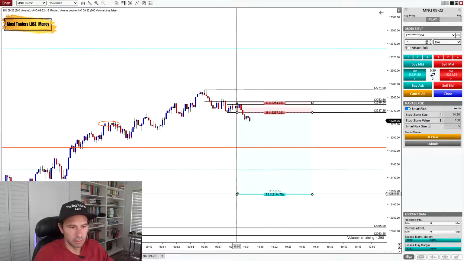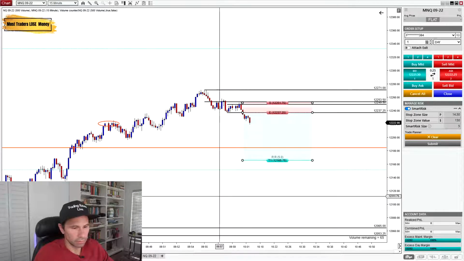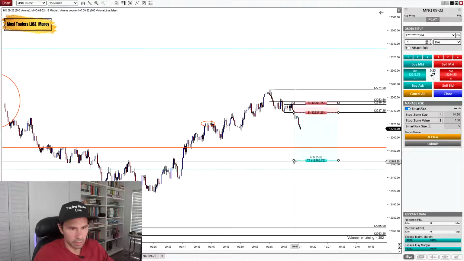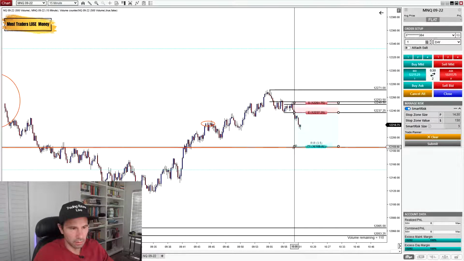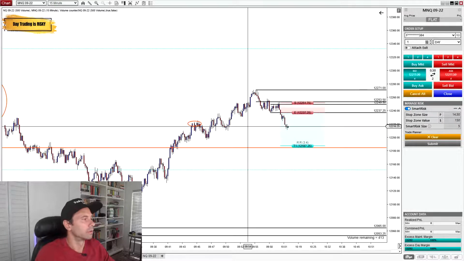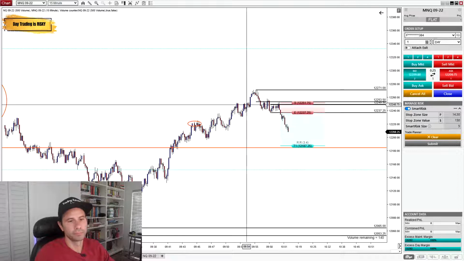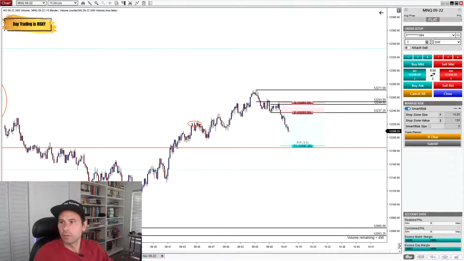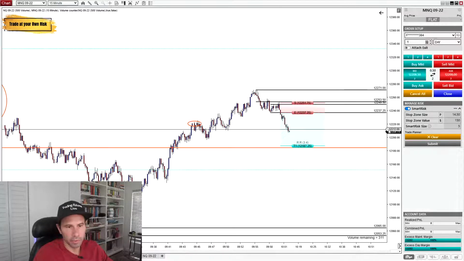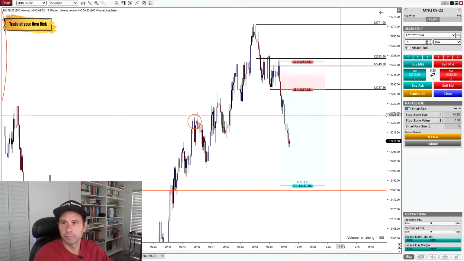And I think my target will be somewhere around here. Yeah, I want to say this. So what I want is the tick chart to come to the upside, so I can fill my 37 area.